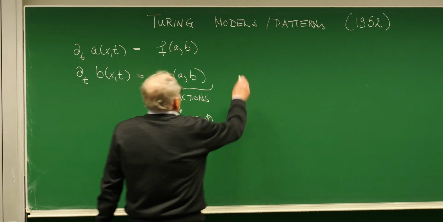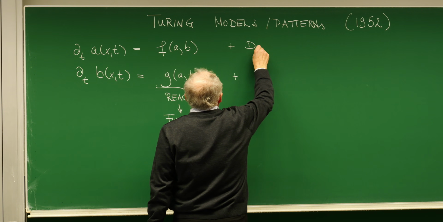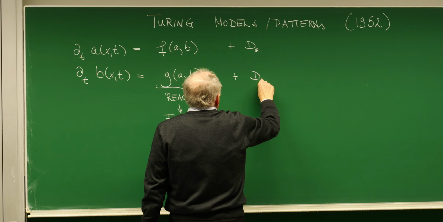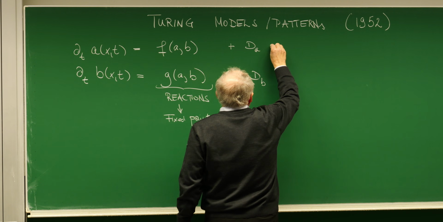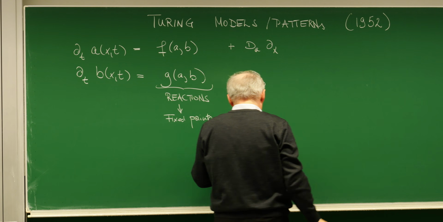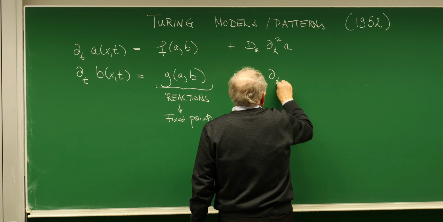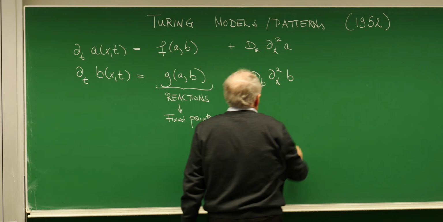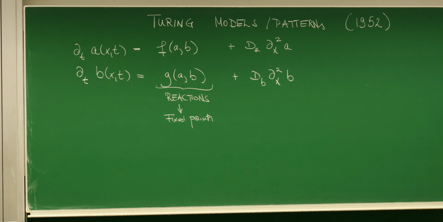So Turing's idea was to say what happens as you add reactions to it, and diffusion to it, such that my species A is diffusing with a diffusion coefficient dA, and the species B is diffusing with a diffusion coefficient dB.